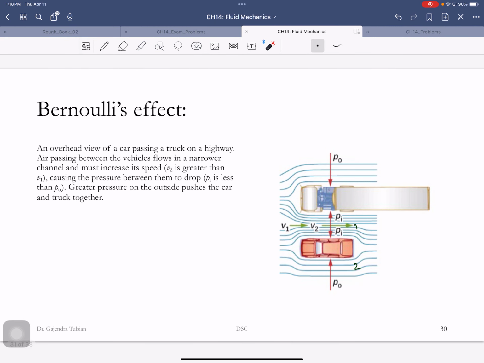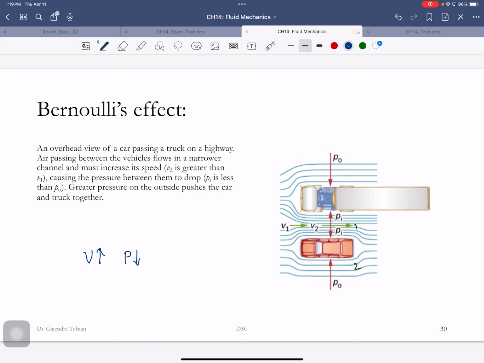All right, so here are some effects that you might experience. Again, what is it that I want you to remember? If the velocity increases, what happens to the pressure? Pressure decreases. So I want you to remember that for the rest of your life.